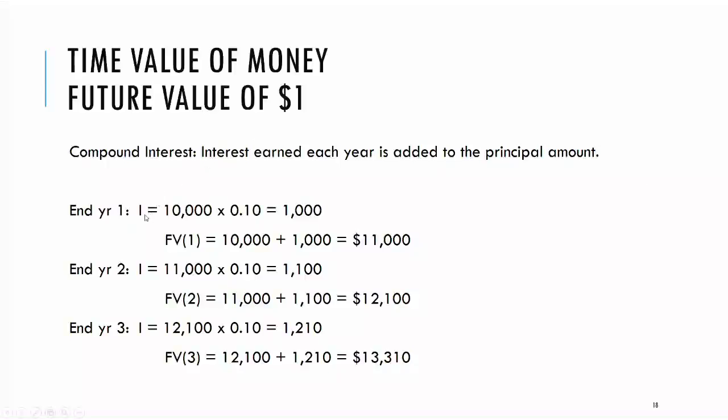For example, year 1, $10,000 and interest rate is 10%, interest is 1,000. And the second year, we calculate the interest on the initial amount and the previous year's interest. And the third year, we calculate the interest on the principal amount plus accumulated interest.